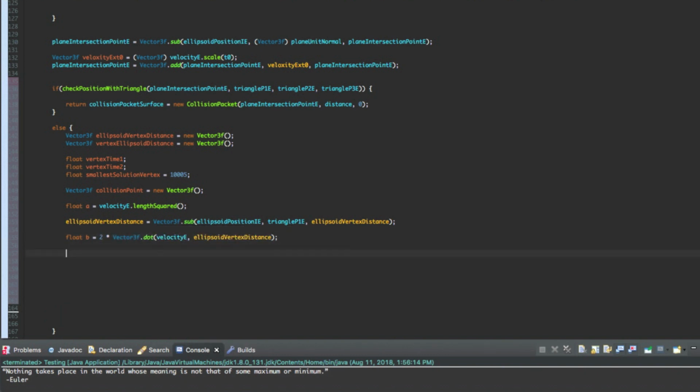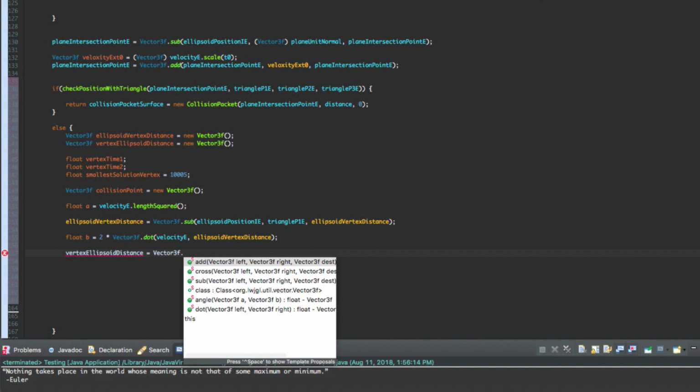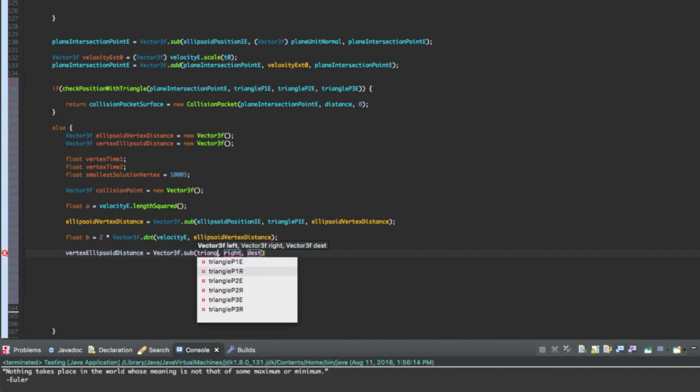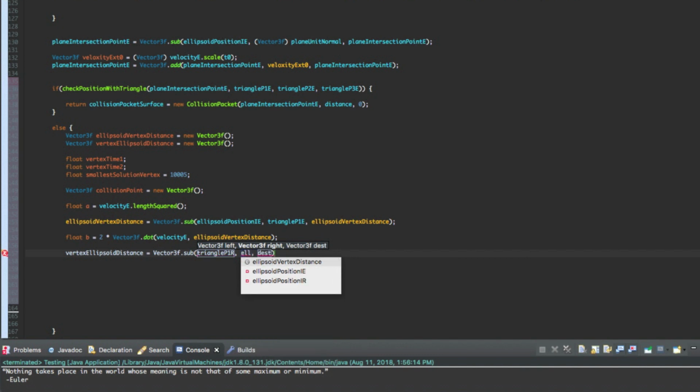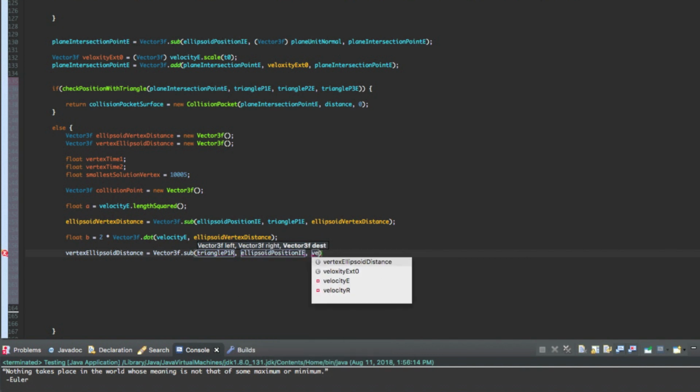All right, and now we can calculate the vertex ellipsoid distance. Oh, spelled that one wrong. Vector 3f sub triangle P1R, oh no, that should be triangle P1E, ellipsoid position IR, vertex ellipsoid distance.